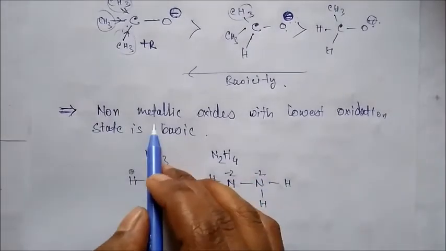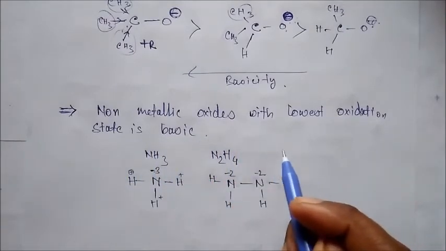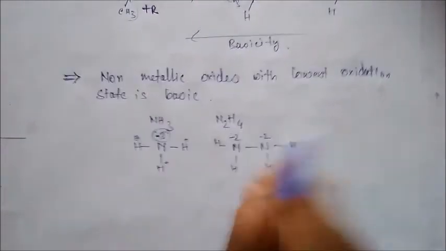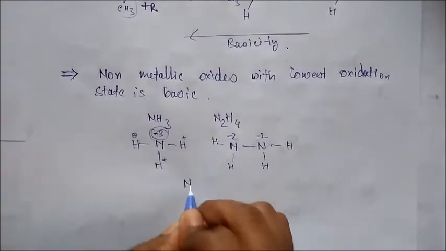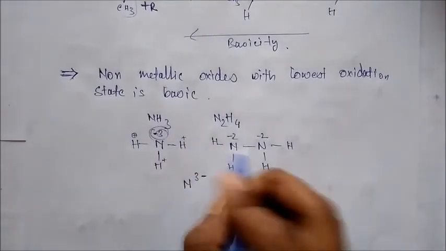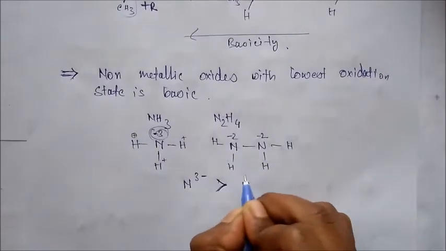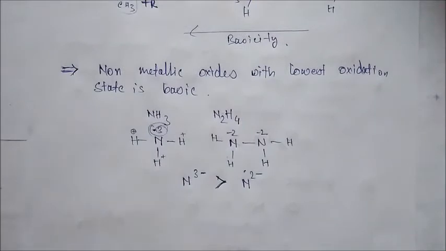So what it is saying is that the non-metallic oxide with lowest oxidation state is the basic one. So the lowest one is this one. So N3 minus will be more basic than N2 minus. Okay, I hope you have understood this.